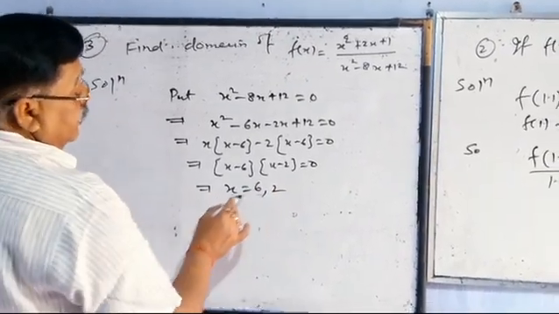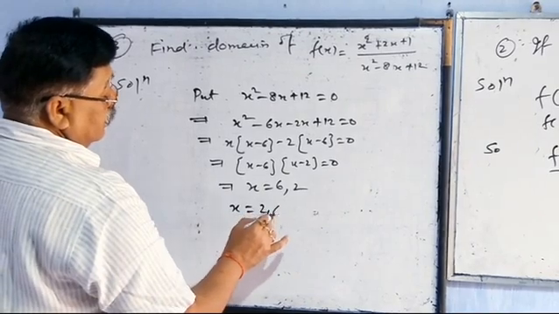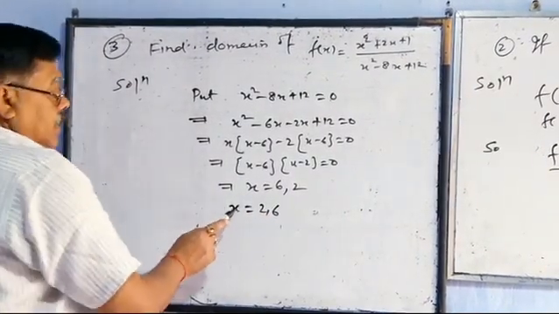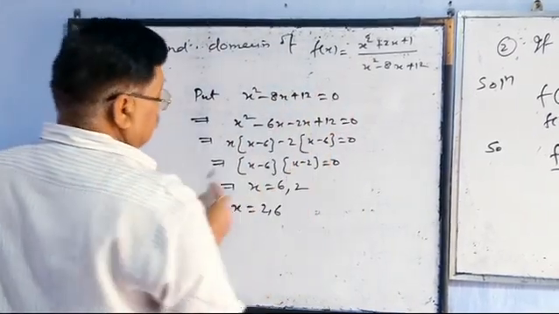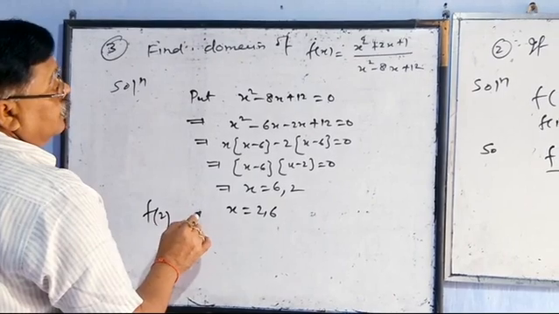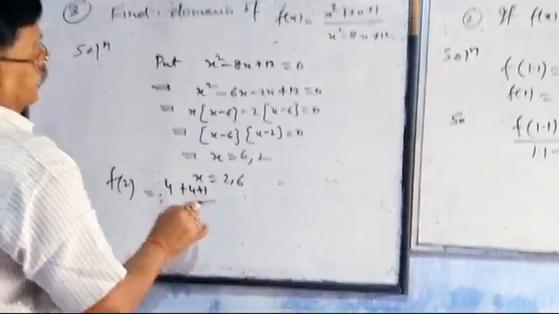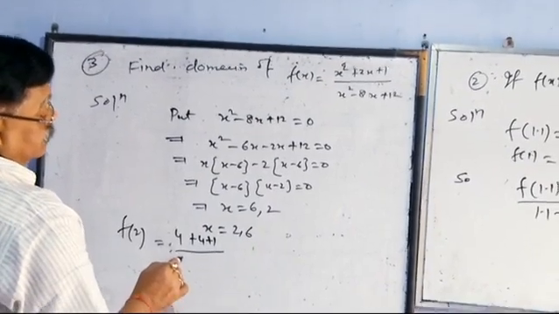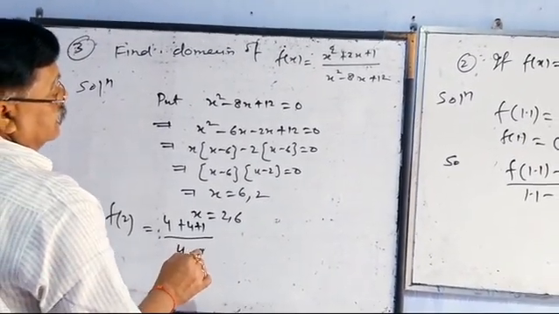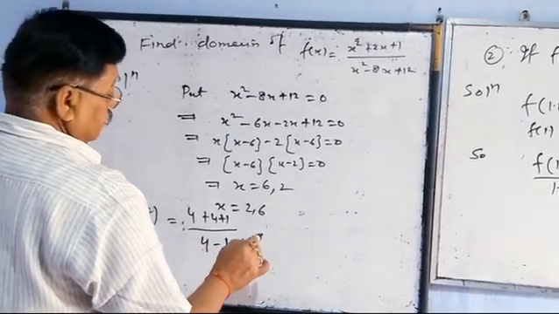So we are getting two values, student. x is equal to 2 or 6. For these two values, if we put them in f(x), we will put f(2): 4 plus 4 plus 1 by, it is 4 minus 16 plus 12.